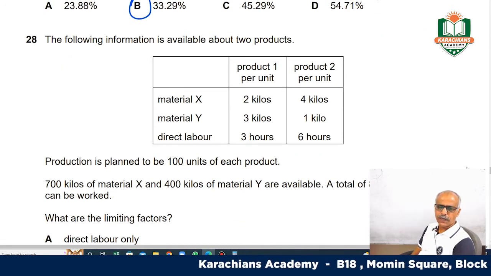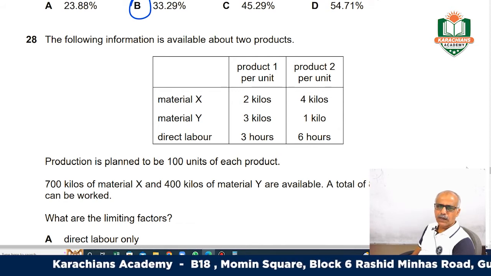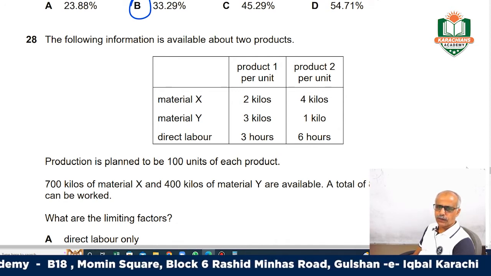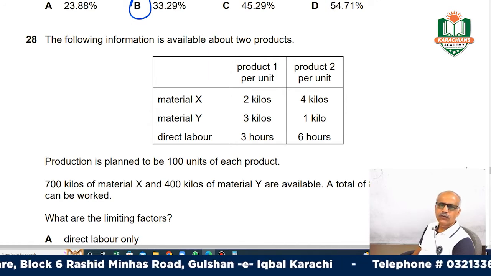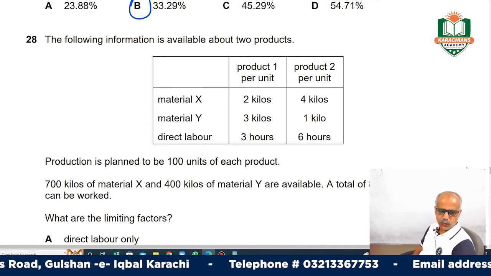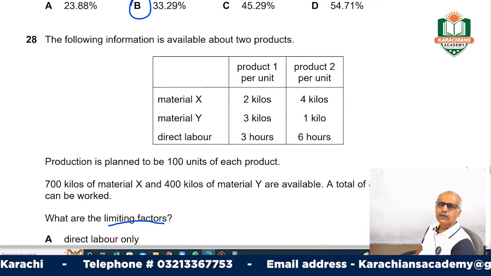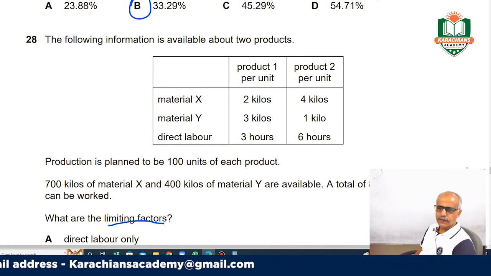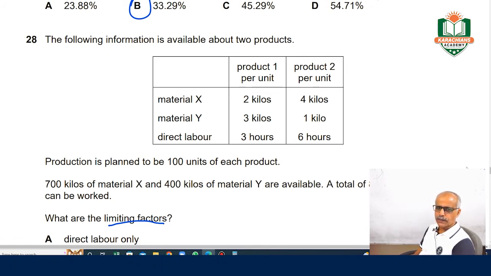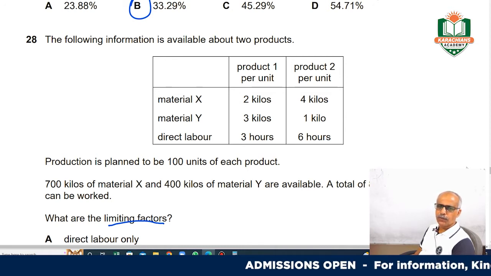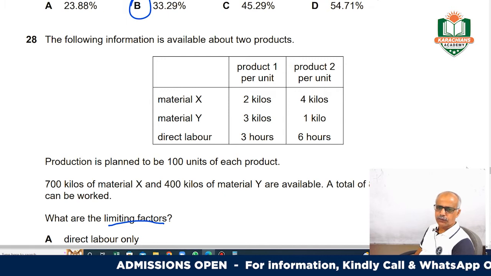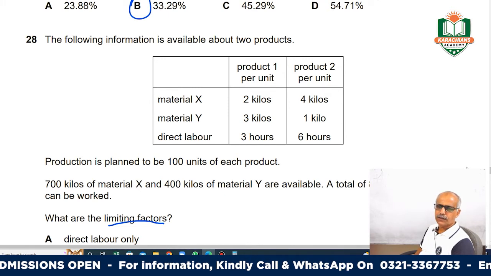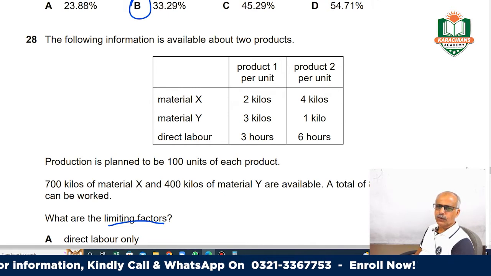The following information is available about two products, product 1 and product 2. Read the question very carefully and see what is required: what is the limiting factor? Product 1 uses 2 kilos of material X, 3 kilos of material Y, and 3 direct labor hours.